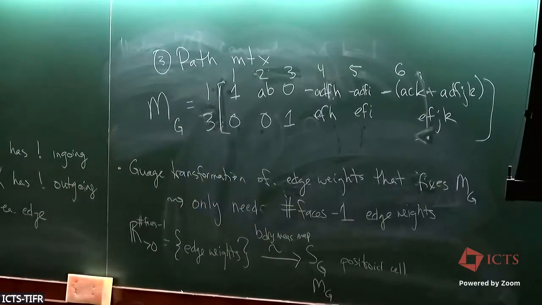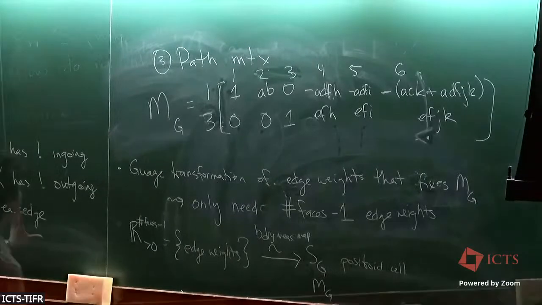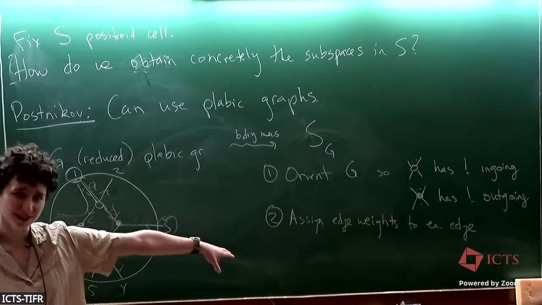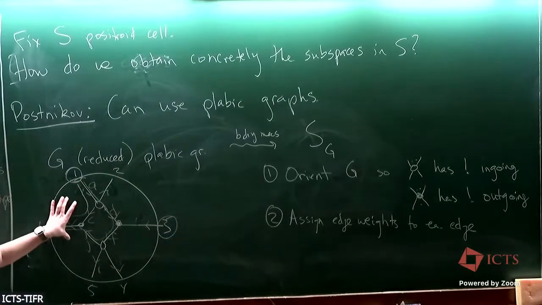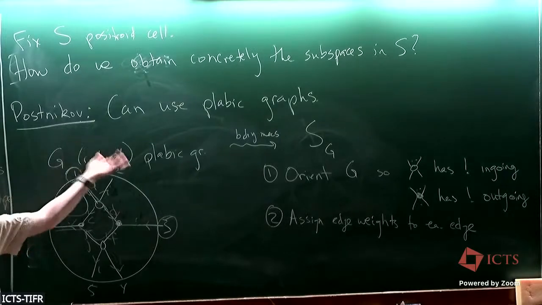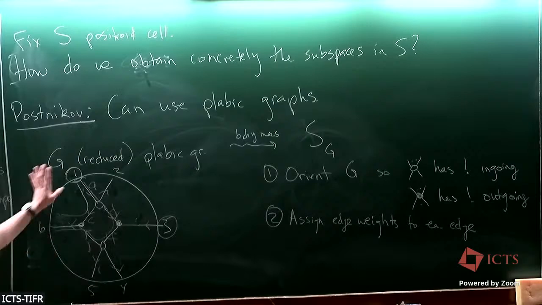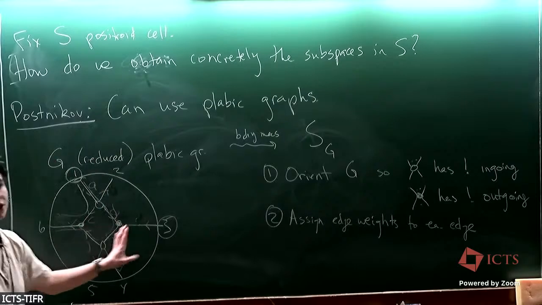One more thing I want to say is it's not quite as nice as one graph gives me 1 positroid cell. There are some moves I can perform on this graph that don't change the positroid cell I get. So it's graphs up to moves that give you positroid cells.